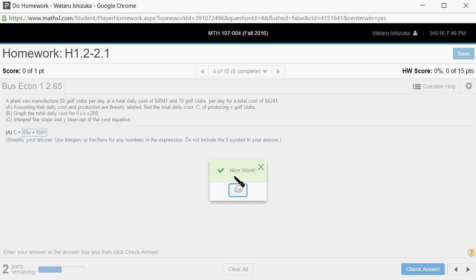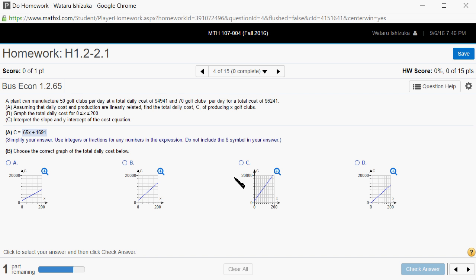All right, so let's go to part B. Graph the total daily cost for 0 to 200. All right. So you can see that the y-intercept, or I should say c-intercept, is 1691. So I believe the d is not going to be it because it looks like it's going through 0.